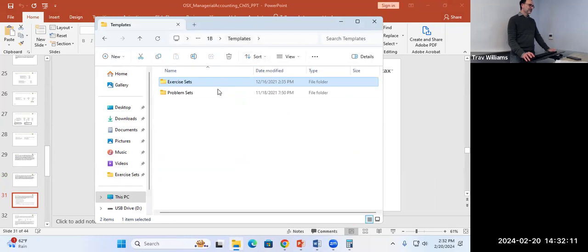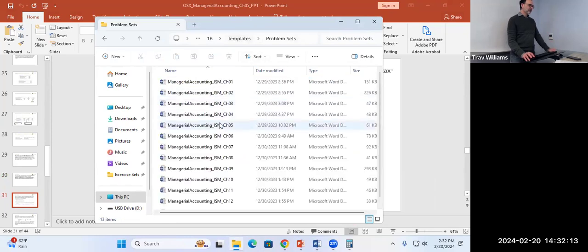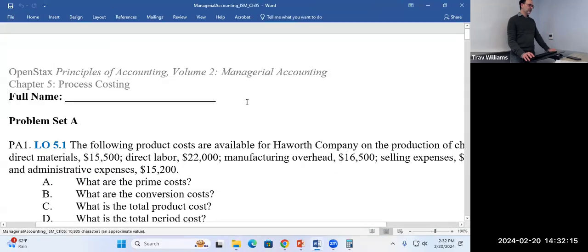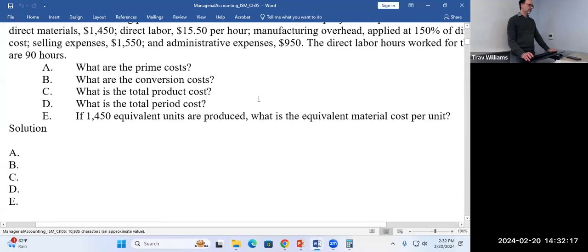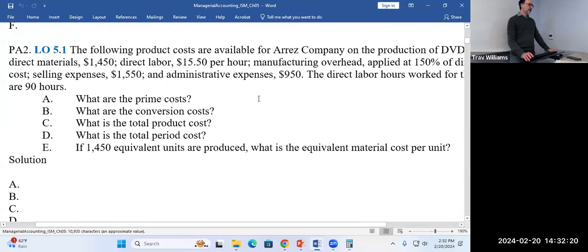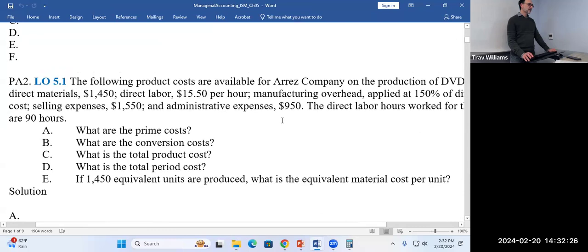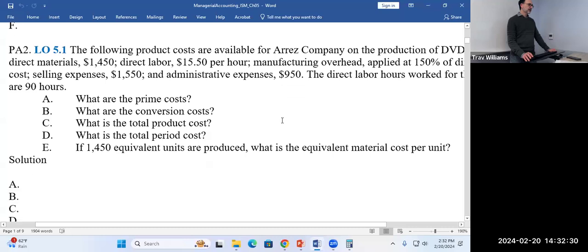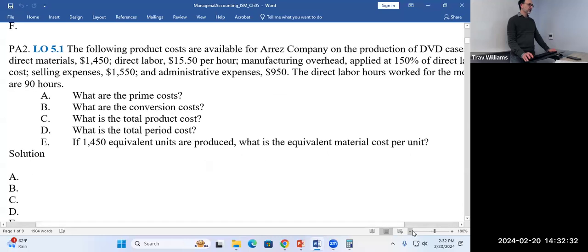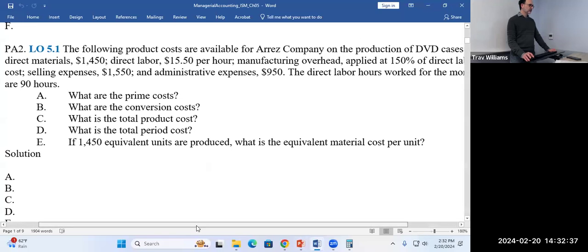Chapter 5, problem 2. On this one, I think it's fairly self-explanatory. So let's look at the information they gave us.